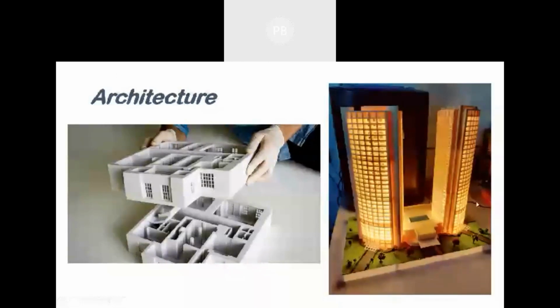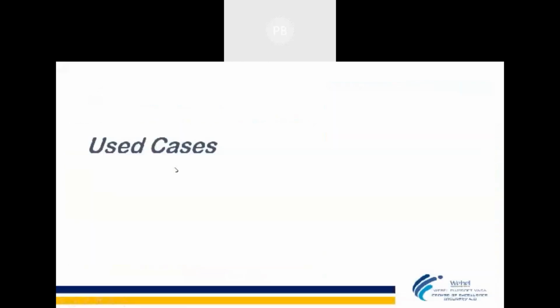This is a Westin hotel, which is just opposite the Eco Park. So we have developed a small model for the Westin. They asked for small sample models. So like an architectural model, this kind of model can be directly developed with 3D printing.